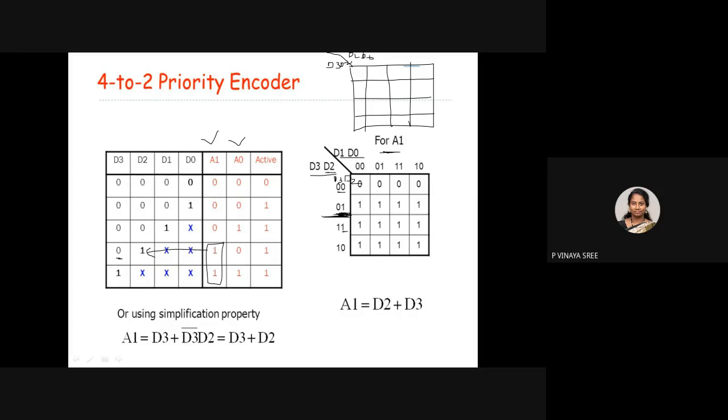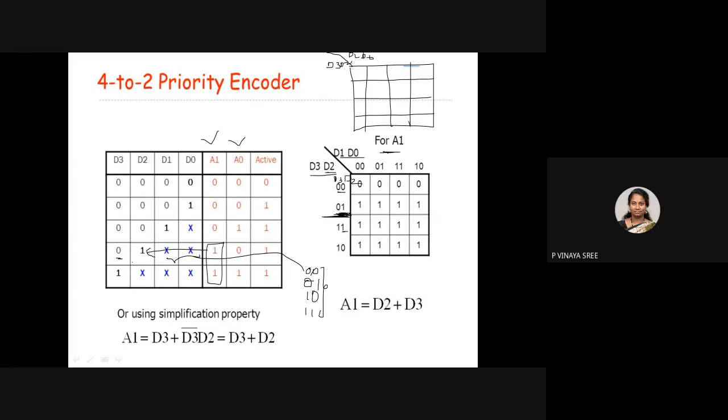Now what about D0, D1? They are don't care. So these two are don't care. If two variables are don't care, how many combinations will you get? Four: 0 0, 0 1, 1 0, 1 1. These are all don't cares. So for D1, D0 we have 0 0, 0 1, 1 1, 1 0, all don't care.